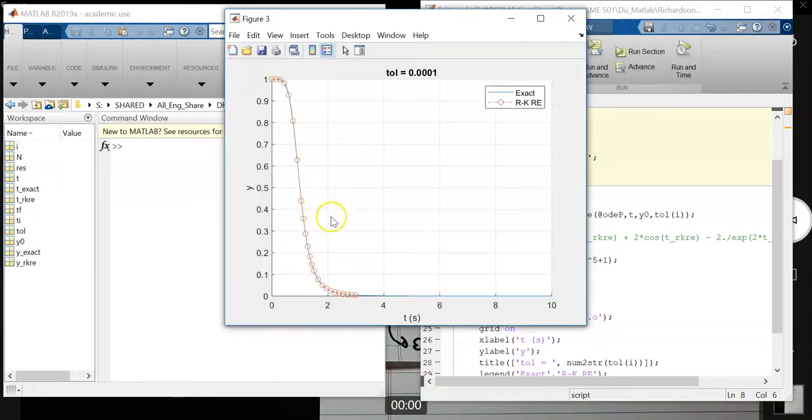Now you see you take more points, so it will be a lot more accurate. So with more points, even the tolerance 0.01 is accurate enough. And if you want, I didn't put it, but you can calculate the residual for this one and find out if there's really any difference once you put the different tolerances.